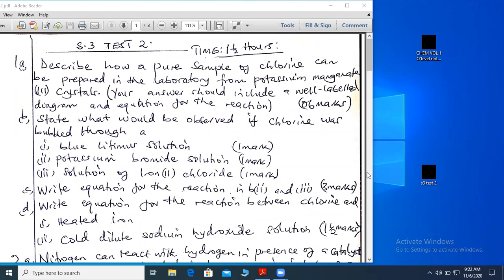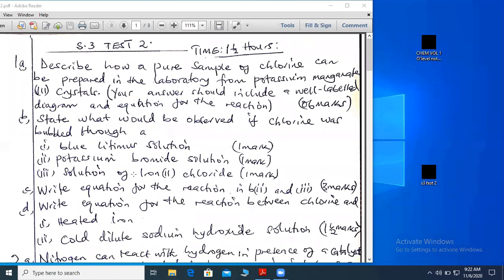Now, if someone wants to use bromide ions, we'll say that chlorine oxidizes bromide ions to bromine. That is if you want to use bromide ions. But I urge you to go with the first explanation. It will not confuse you.